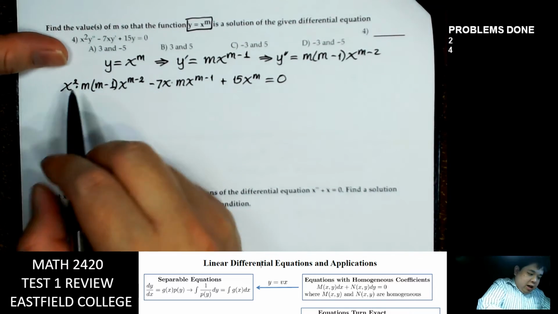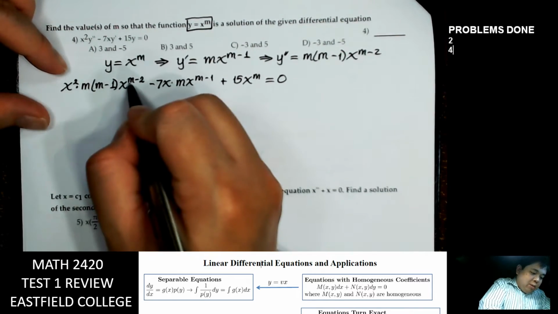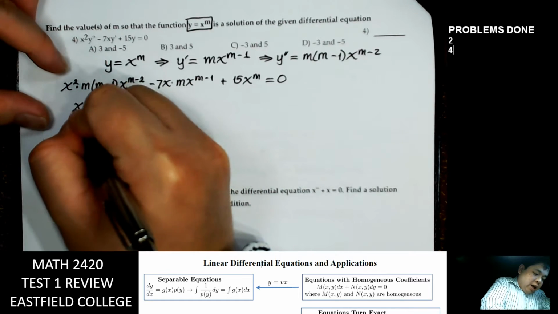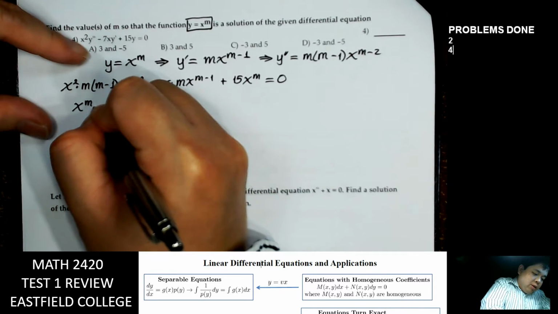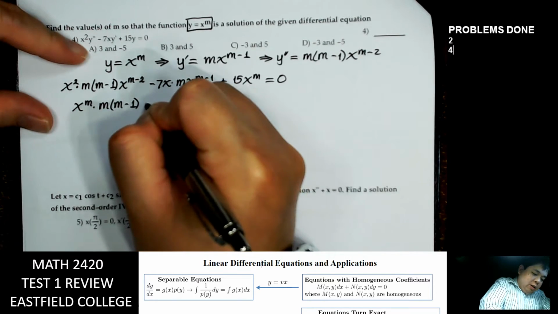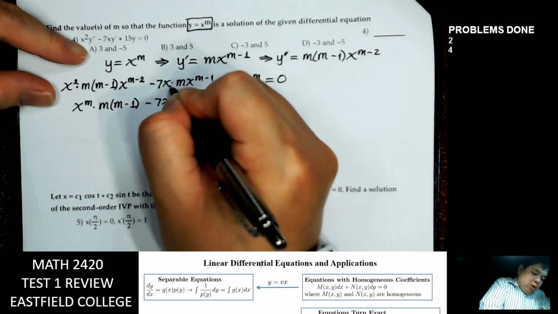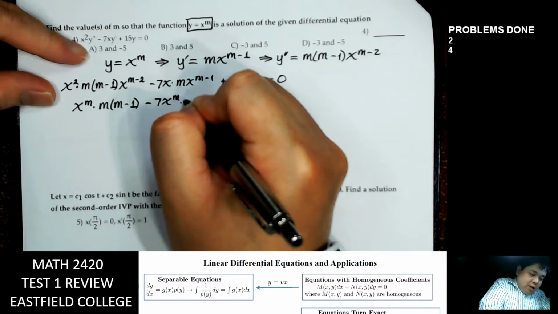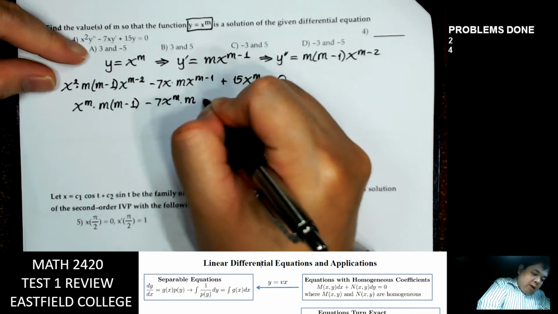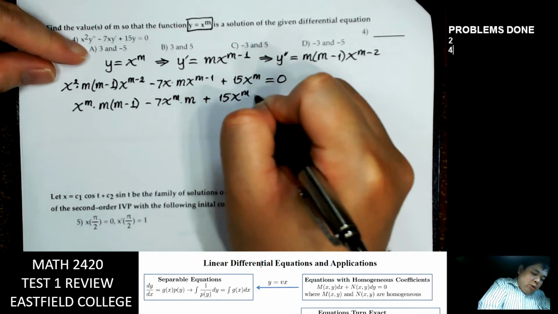Note that we have all of them: x to the m; x squared times x to the m minus 2, that is x to the m times m minus 1, minus 7x to the m as well times m, plus 15x to the m equal to 0.